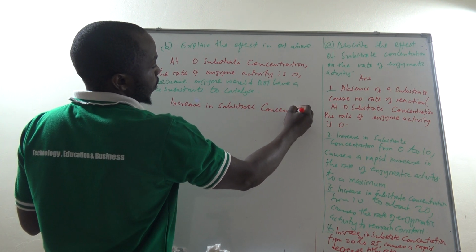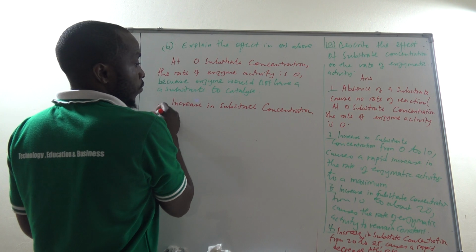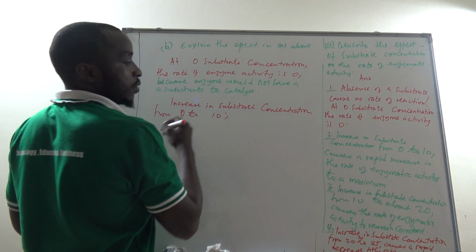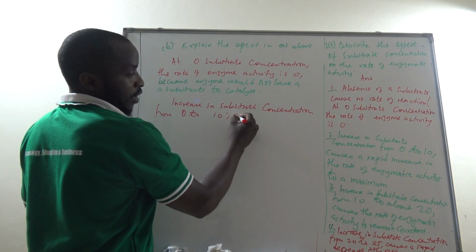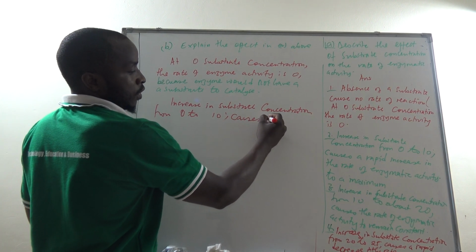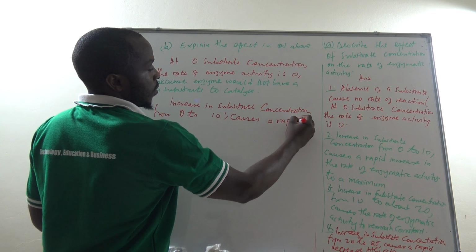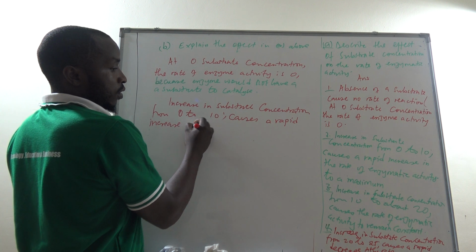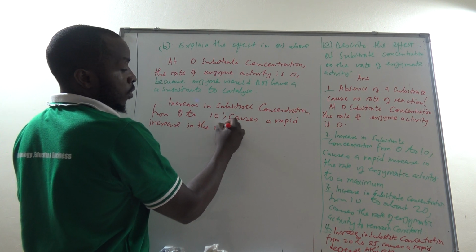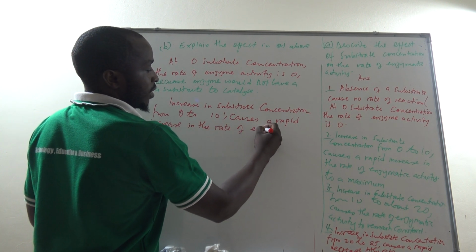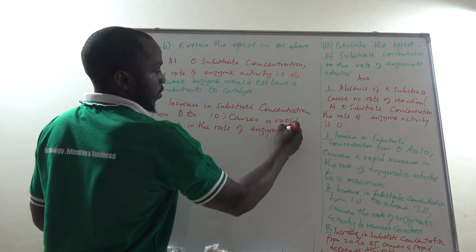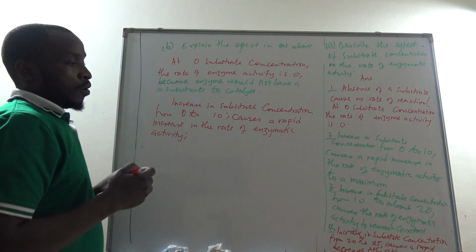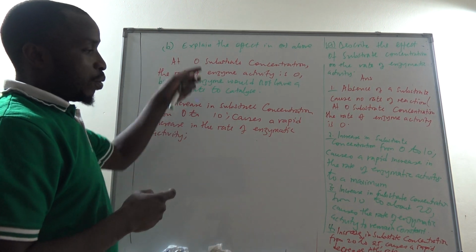Our interval 2 is saying increase in substrate concentration from 0 to 10 causes a rapid increase in the rate of enzymatic activity. So we have to put a reason if they say explain.